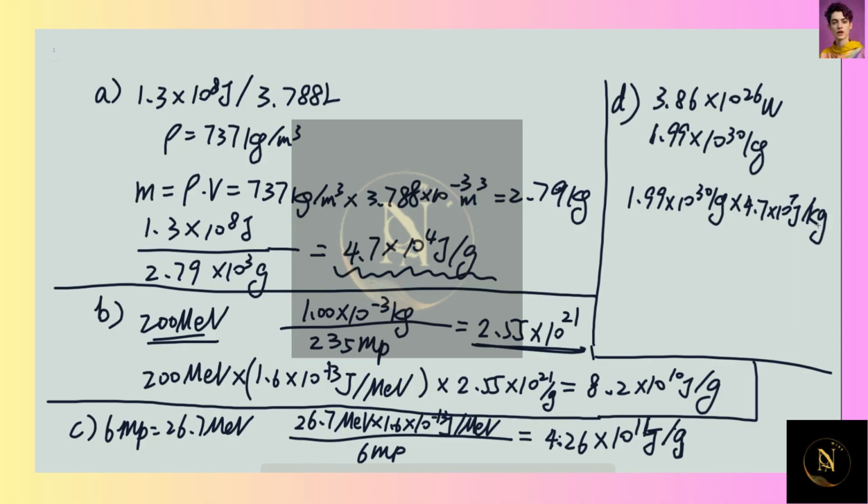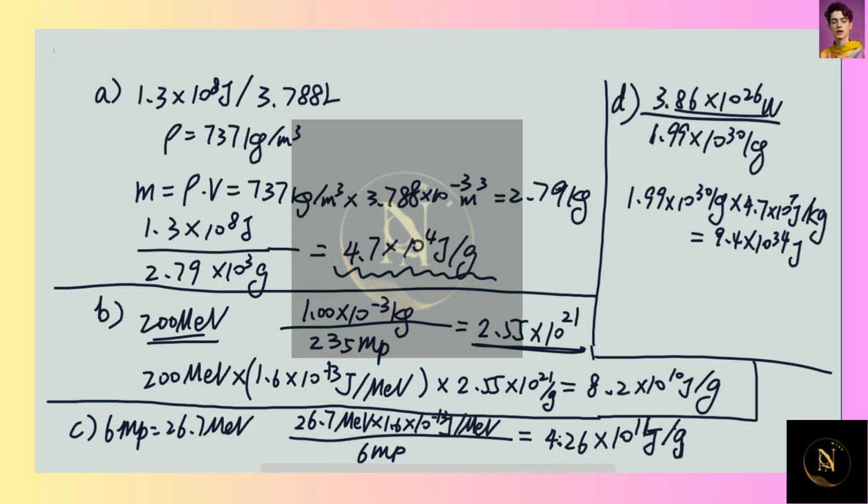Because here we have per gram, so per kilogram we just change 10 to the 4th to become 10 to the 7th. So this is to say the entire sun is able to produce energy of 9.4 times 10 to the 34 joule. And then this is the amount of energy, and the sun produces it at a rate of 3.86 times 10 to the 26 watt.